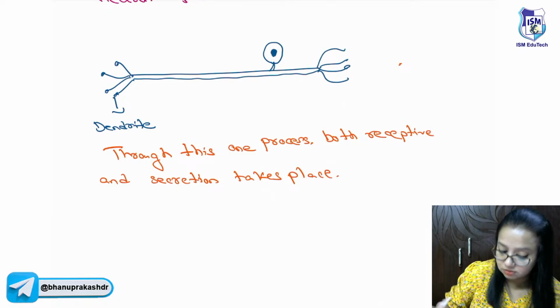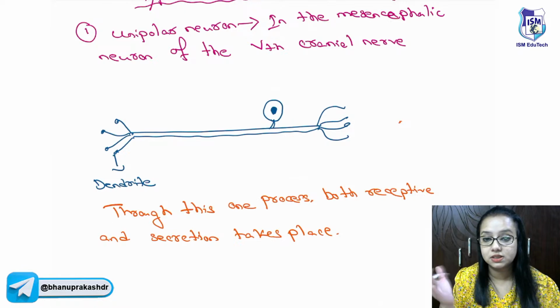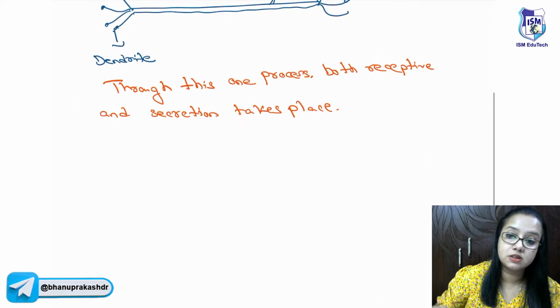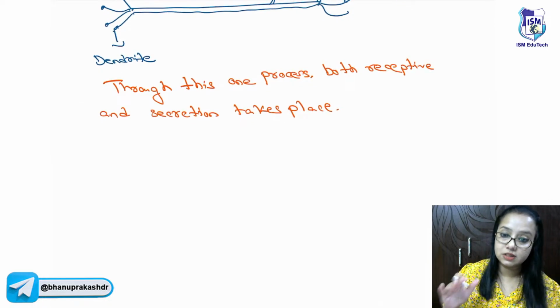This is the unipolar neuron, which first was thought not to be present in the human body, but then the latest study reported that we do have it in the mesencephalic neuron cells of the fifth cranial nerve.